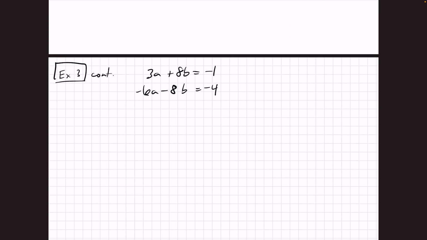Well, it's already set up for elimination because when I add straight down, the b's are going to go away. So it's negative 3a equals negative 5. Divide by negative 3, divide by negative 3. a is going to be positive 5/3.